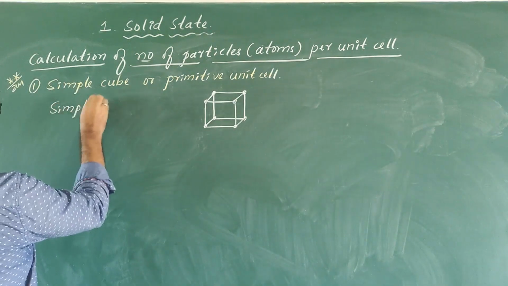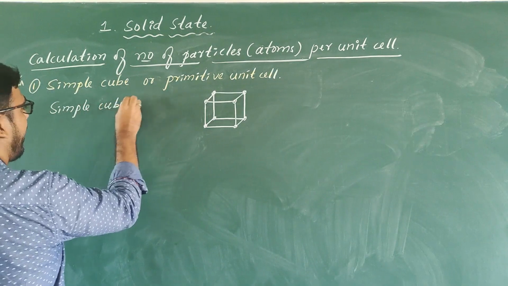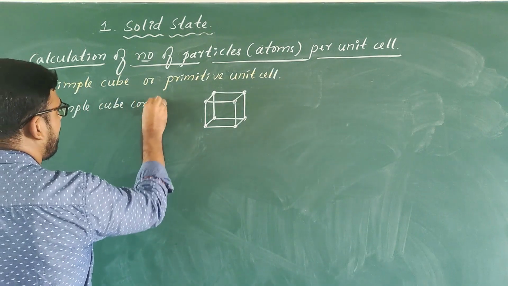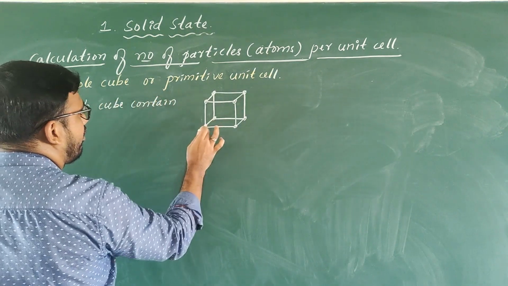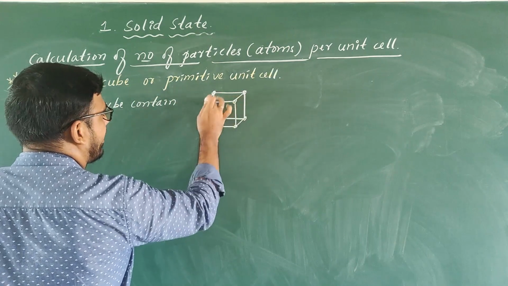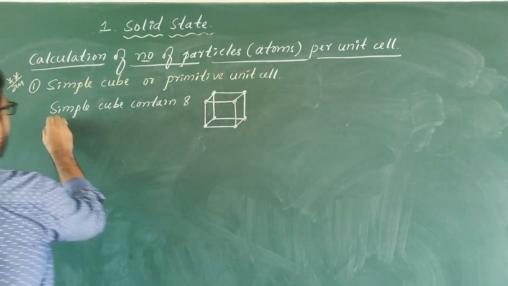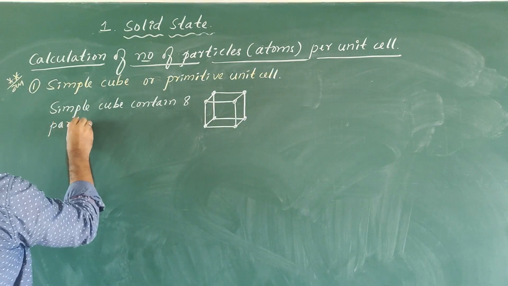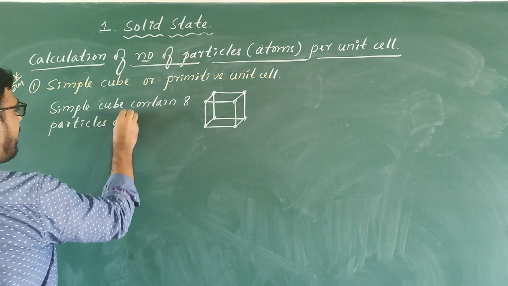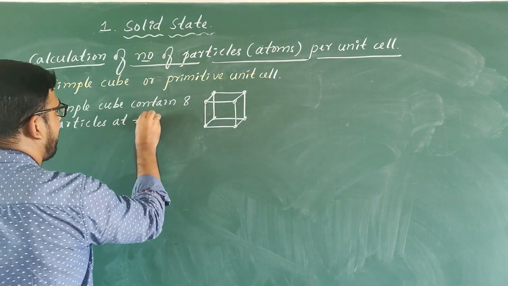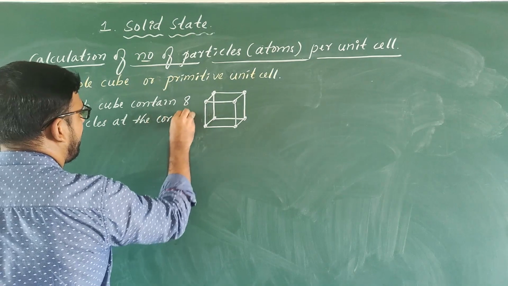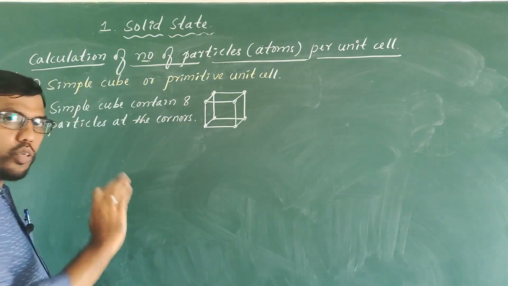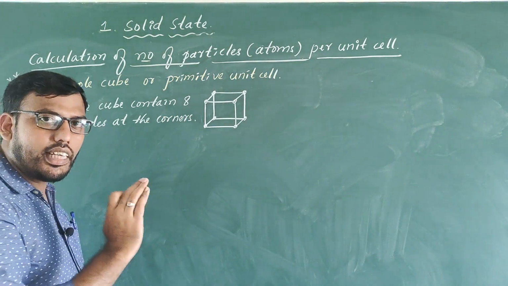Calculation is very simple. Simple cube contains 1, 2, 3, 4, 5, 6, 7, 8 particles at the corners. Means we have particles present only at the corners.